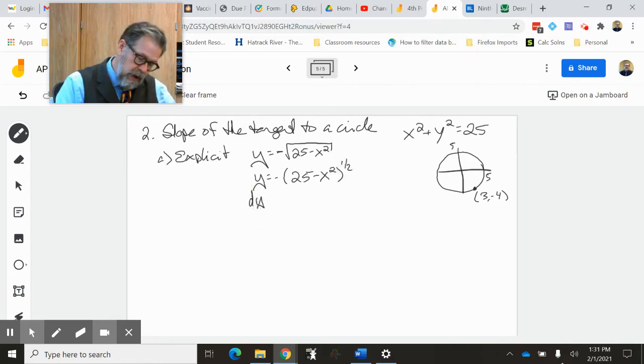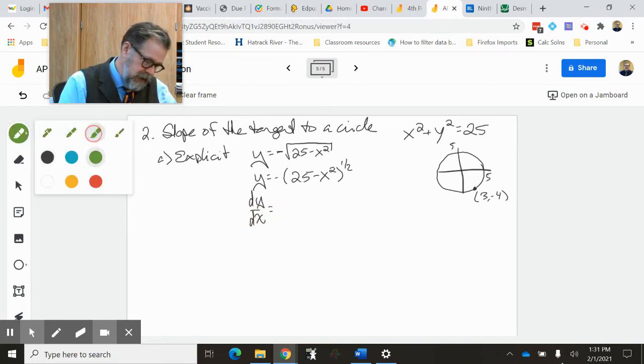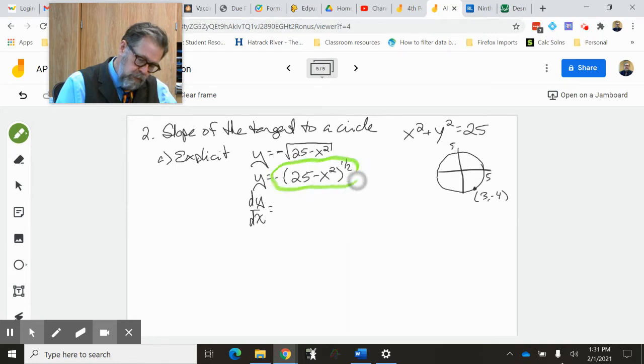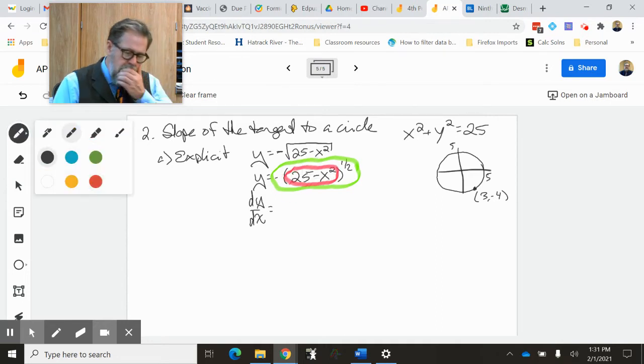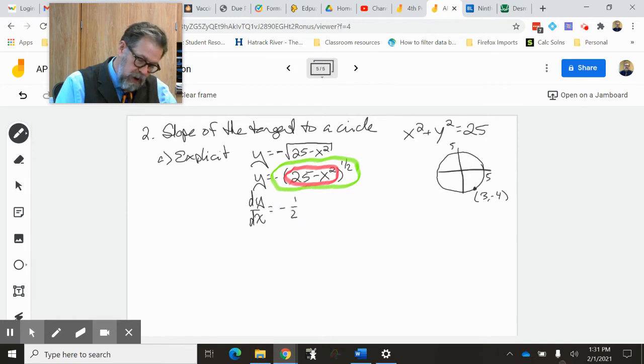And now I know that the derivative of y with respect to x equals, let's quickly do outer and inner just to keep track. So it's the derivative of the outer, which is negative 1/2 times 25 minus x squared to the negative 1/2, times the derivative of the inner, which is going to be negative 2x.